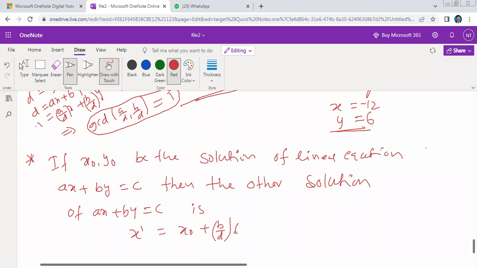Can you guess d? GCD. And y dash is equal to y naught minus a by d into t, where t belongs to integer, d is equal to GCD of a comma b.